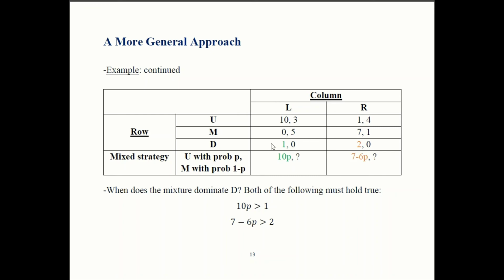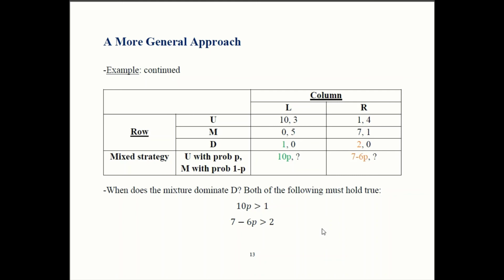If 10p is bigger than 1, that means the mixture is better against left. We also need 7 minus 6p to be greater than 2. If 7 minus 6p is greater than 2, what that means is that the mixture is also better if they play right. So you need both of those to be satisfied.